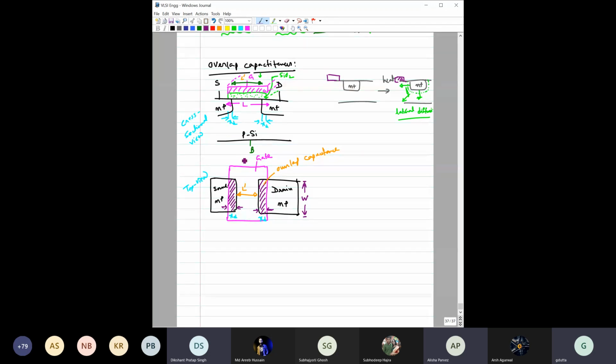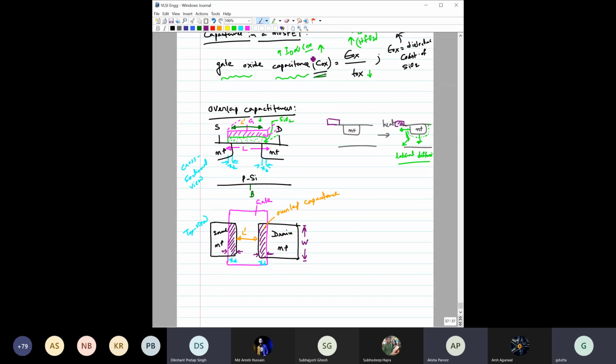The gate capacitance we need, because depending on the gate voltage we can control it, and that basically creates the channel. But these capacitances are always there whether you have gate control or not, and they always behave as stray capacitances.